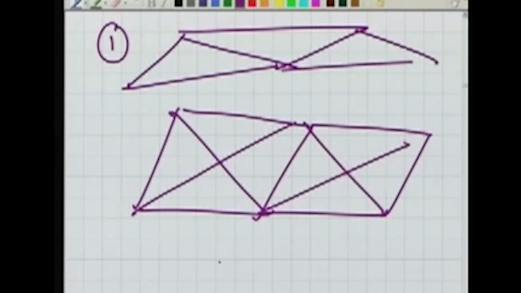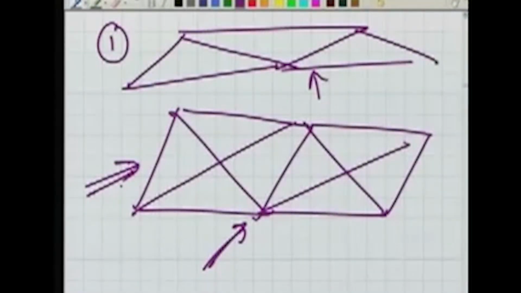All the angles are well conditioned here, while angles are not well conditioned here, though they are covering the same area. So this network, as it looks here, should be better for computation of the lengths, while this network should not be better for computation of the length, starting from the same base length.